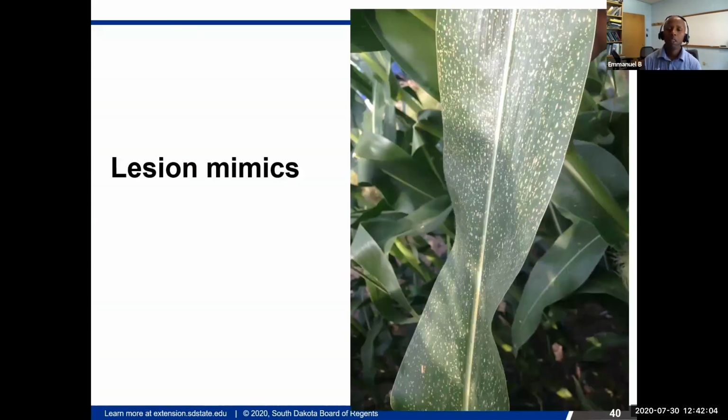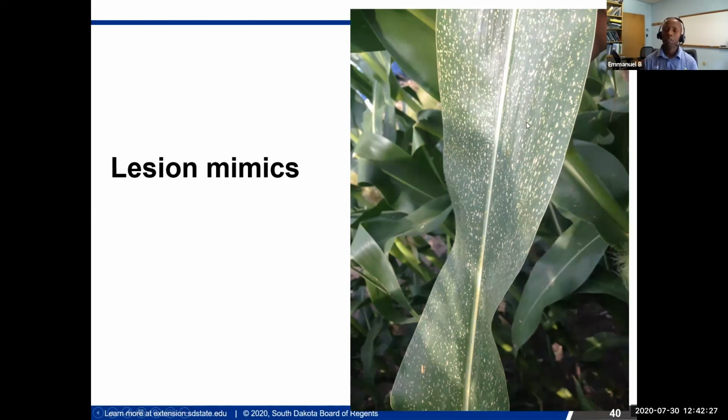You might also see lesion mimics out there. And so this is where the entire plant has these tiny little dots that are surrounding the entire leaf. So this is going to be more genetic than a disease, but sometimes it can be confused to be either a virus disease or an Eyespot disease just starting.